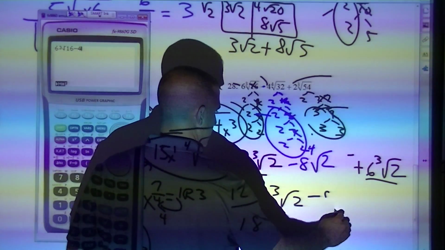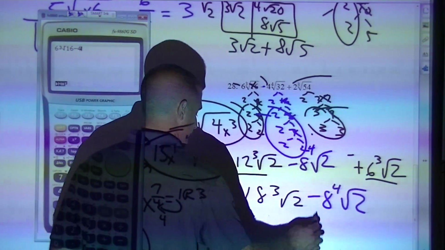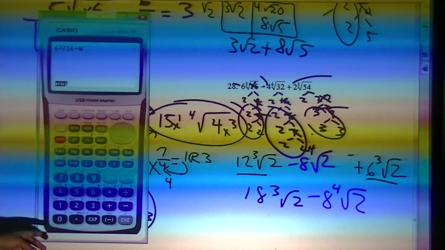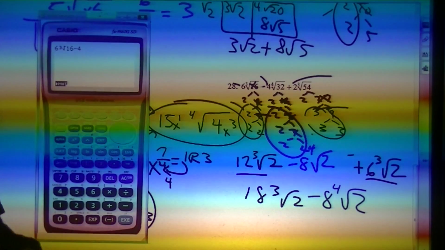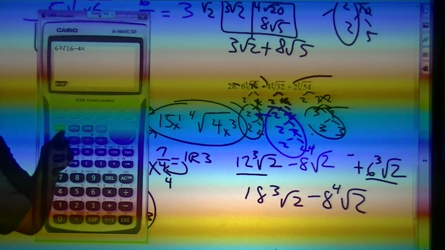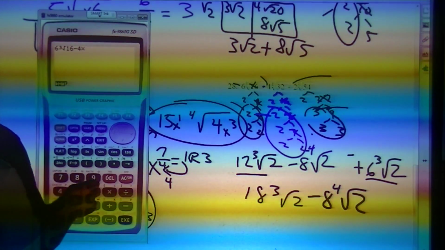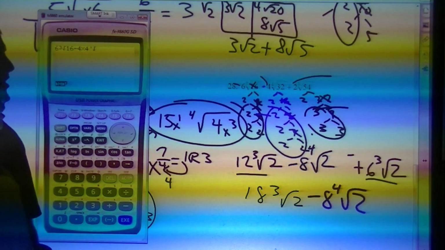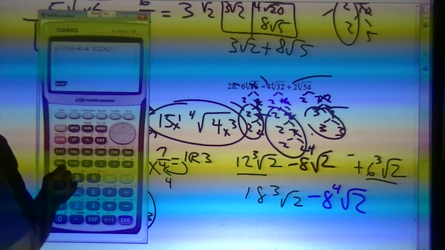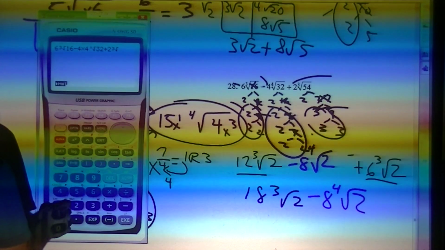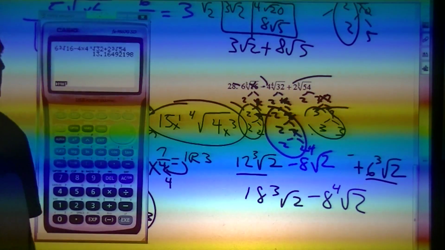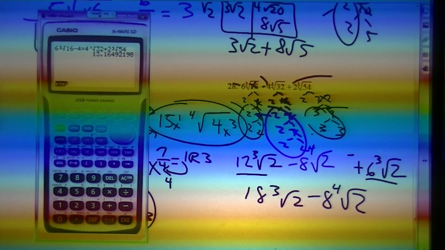All right, I still can't combine that because those are different roots. Okay, so 4 times the fourth root of 32 plus 2 cube root of 54. Okay, so I get that for an answer.